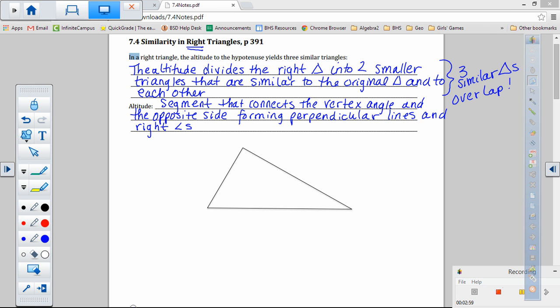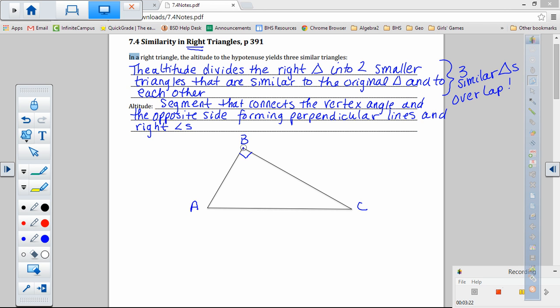Okay, so I'm going to give you an example of this in a second. Let's label this giant triangle. These are right triangles, so we're going to put a right angle in here. This is going to be angle A, and this is going to be angle B, and this is going to be angle C. Okay. The altitude is the segment that connects the vertex angle to the opposite side.